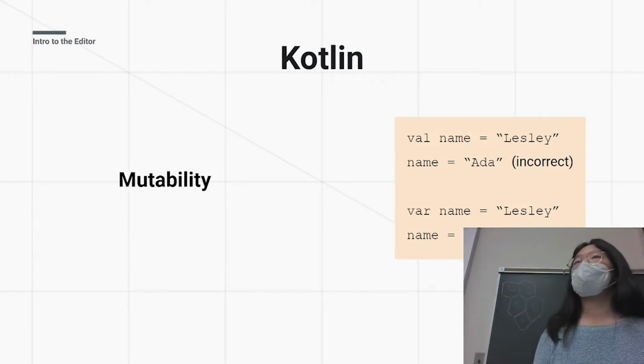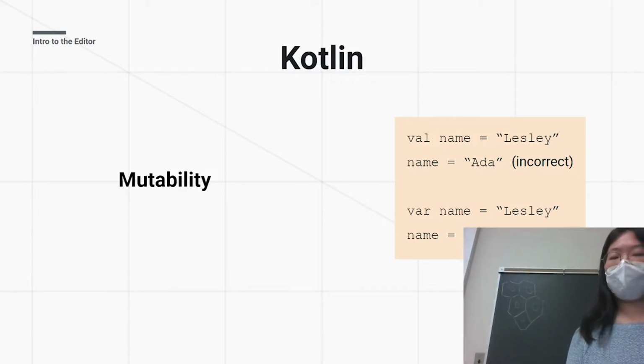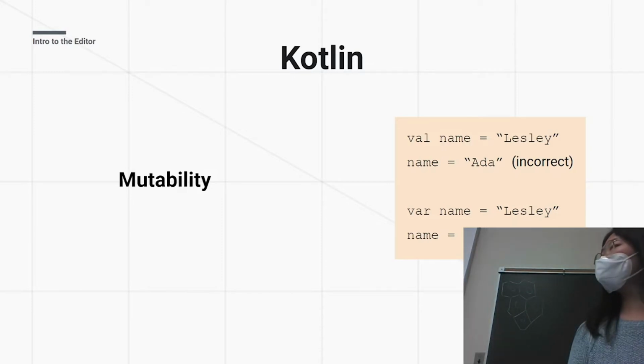And var means that it's able to be changed. Typically, when you're coding, you want to try and keep things as immutable as possible, so stick to vals. Once things start changing, it can be confusing, realizing the state of things. So it's a good coding paradigm to keep things immutable.